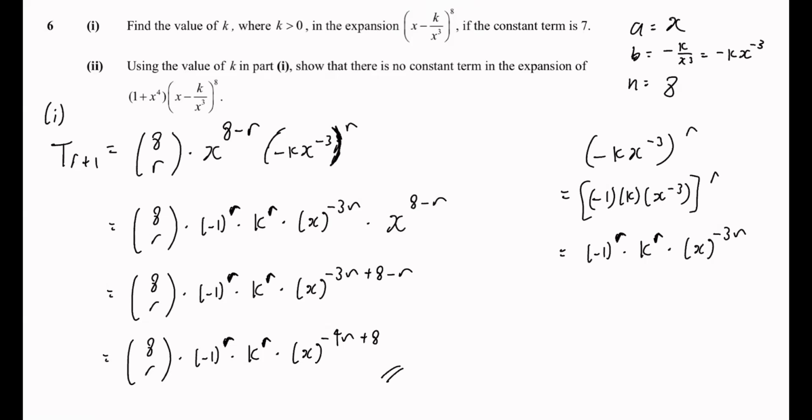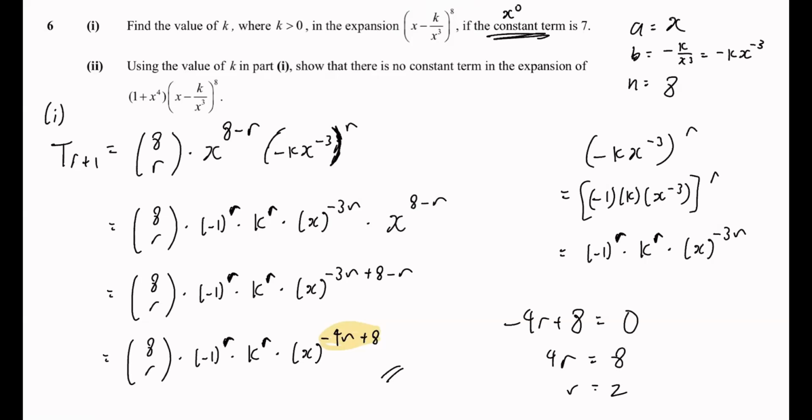Tr plus 1. Now they tell us constant term means the x power is equal to what? x power 0. So you need the power to be 0. So minus 4r plus 8 you can equate to 0. Then you simplify: 4r equals 8, r equals 2.